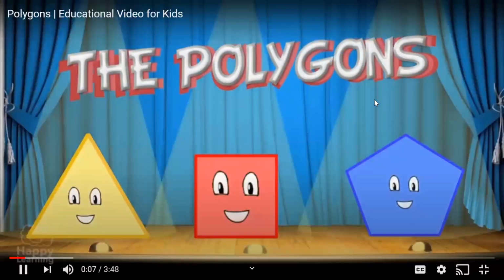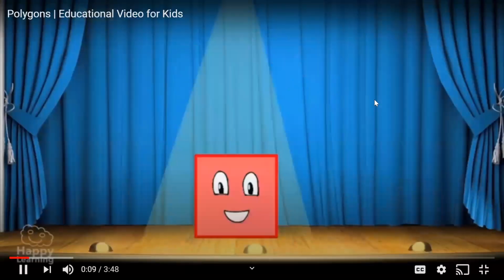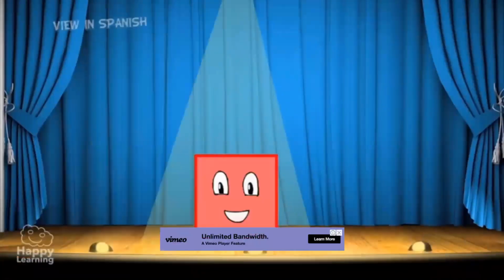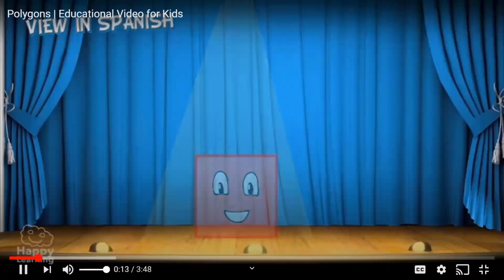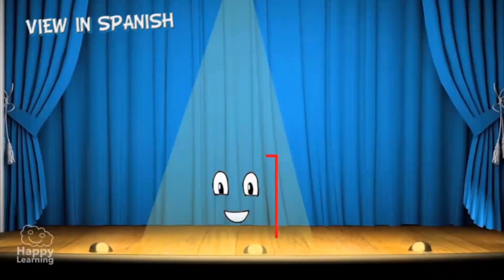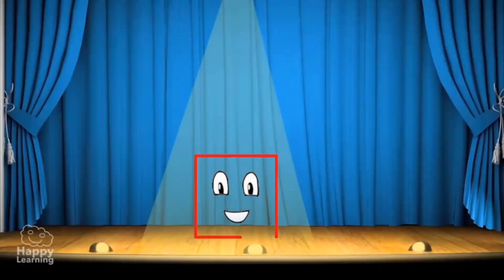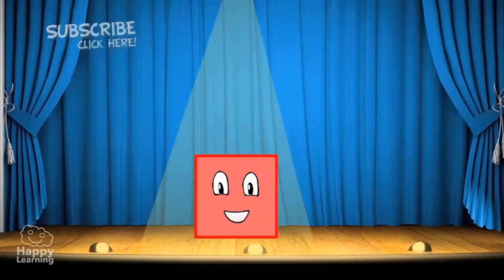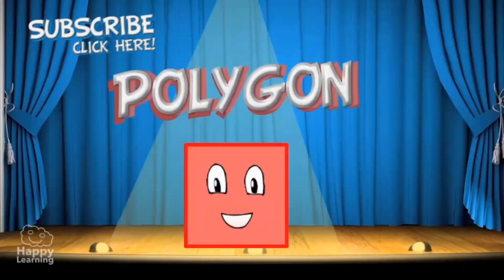Polygons. A polygon is formed by a closed polygonal line and the space inside it. To understand what that means, watch this straight line become a polygonal line as it forms several sides which eventually close. And what do you see? A polygon.